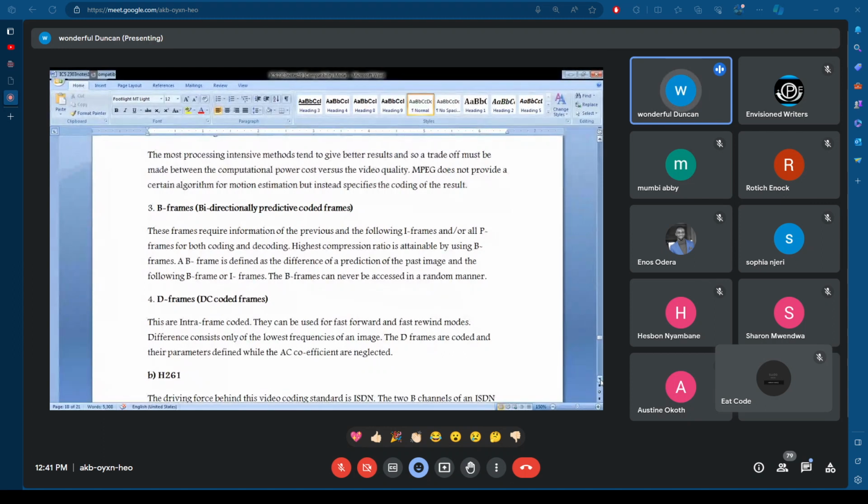A B frame is defined as the difference of a prediction of the past image, the previous image, and the following B frame or I frames.